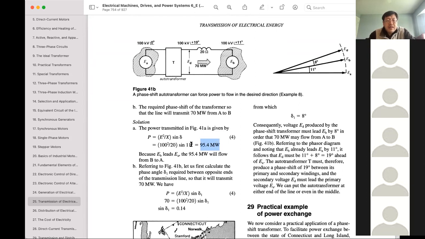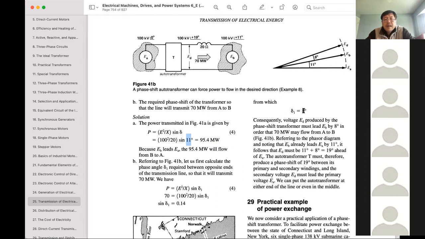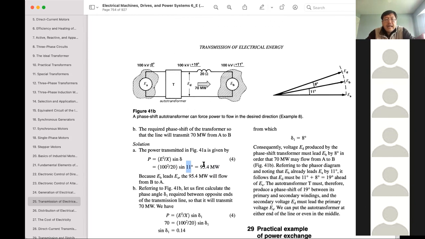So it's all about the delta. If the delta is 11 degrees, with Kansas City 11 degrees ahead of St. Louis, Kansas City will provide 95.5 megawatts of power. Otherwise, if St. Louis is 11 degrees ahead of Kansas City, St. Louis will deliver 95.5. What about 20 degrees?